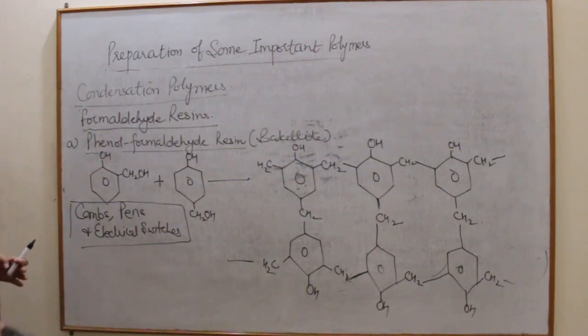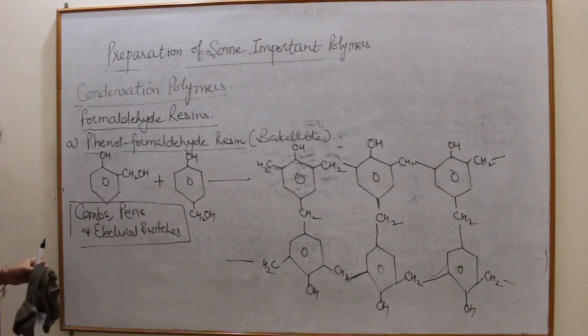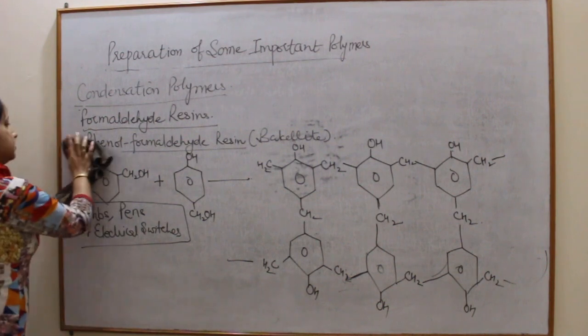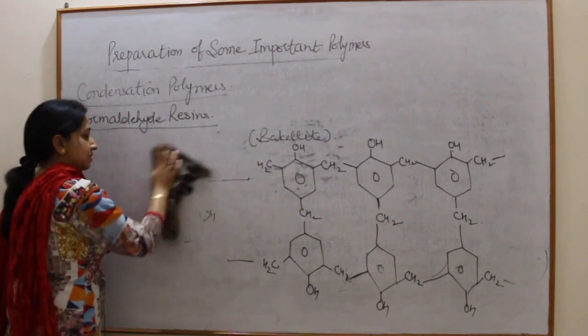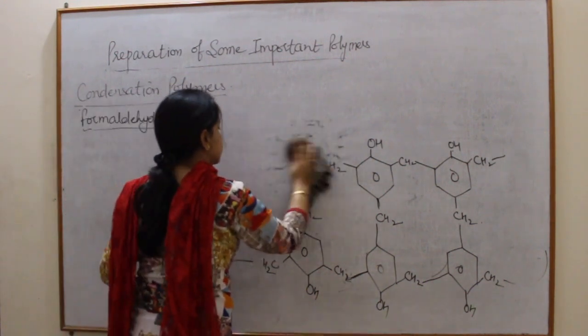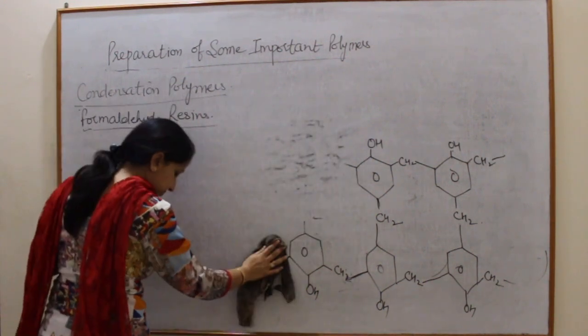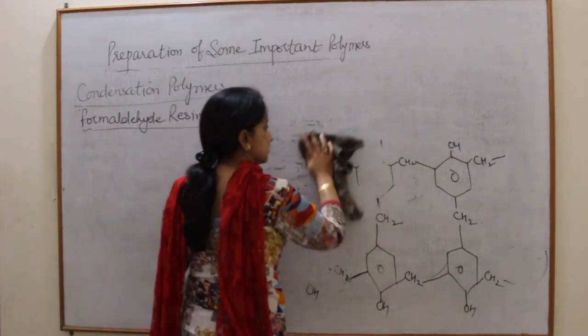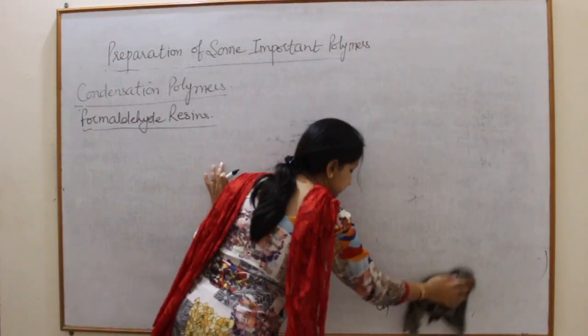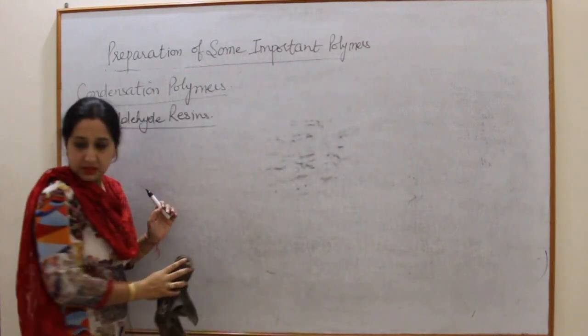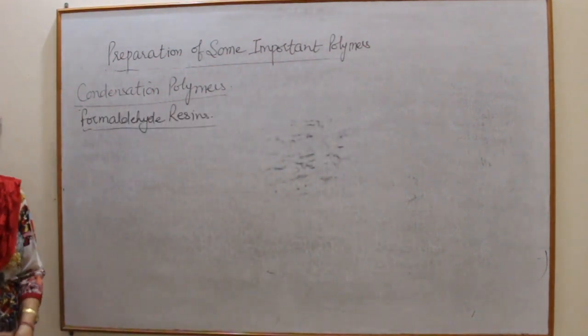So the second formaldehyde resin is melamine. Next is your melamine.